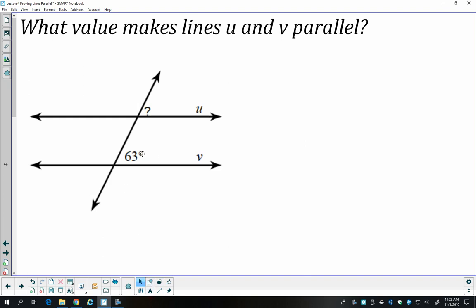I have one that's interior to the possible parallel lines, and I have one exterior. But they are each in the same location in that bank of four angles that we've talked about in the past. And so those are corresponding angles. We should know that if corresponding angles are congruent, then the lines will be parallel. So if this angle was 63 degrees, then U and V would be parallel.